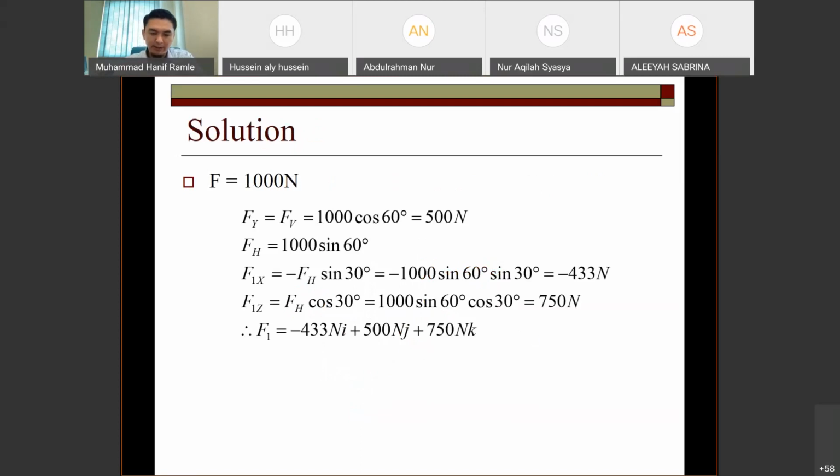Fv equals 1000 cos 60, which equals 500 Newton, and Fh equals 1000 sine 60. In this solution, Fh remains like this, to be further calculated later.